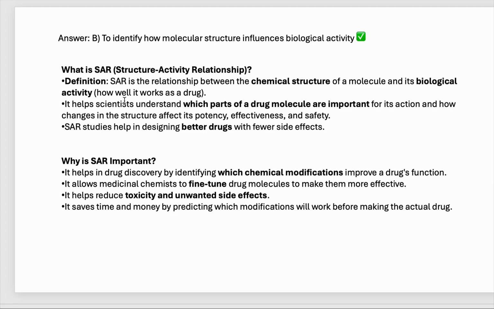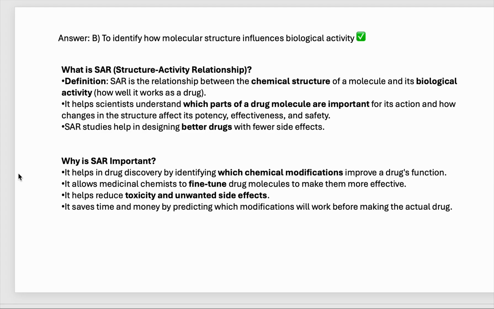And also it saves time by predicting which modification will work better than actually trying to make the entire molecule and see, okay, so you've added this, and now you're trying to add a different thing and wait for the activity and everything, and then you come to know, oh, after doing this much synthesis, the molecule is actually losing its activity, from a drug it's becoming a useless compound.